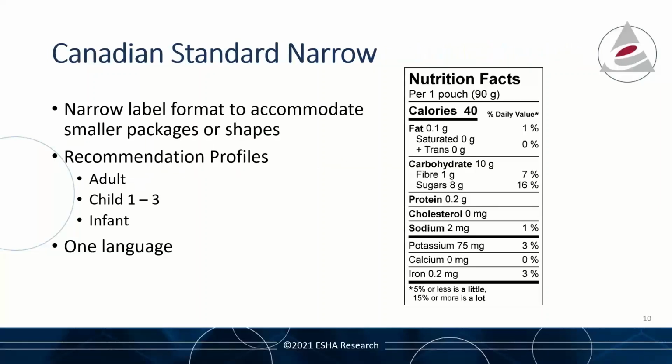So the Canadian standard narrow format is an option to accommodate smaller packages and perhaps narrower shaped packages. You can choose from adult, child, or infant recommendation profiles, and the Canadian Standard Narrow label is reported in one language since this is a space-saving type of format. I'll show you that in the software in just a few minutes.